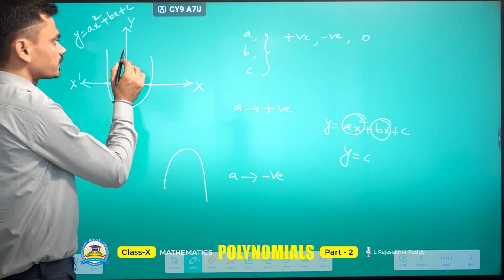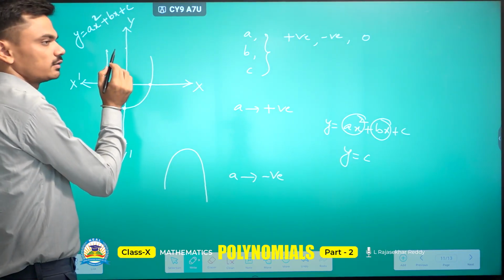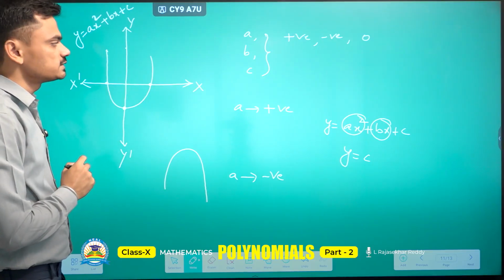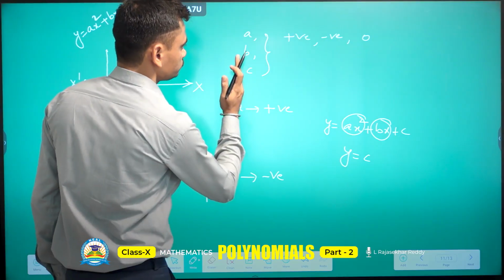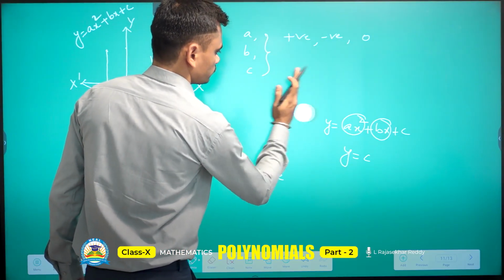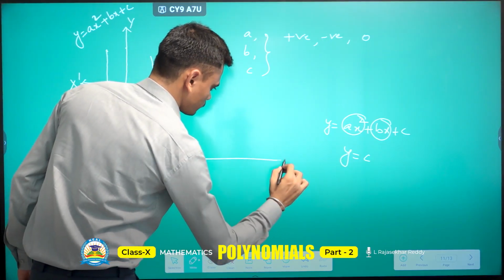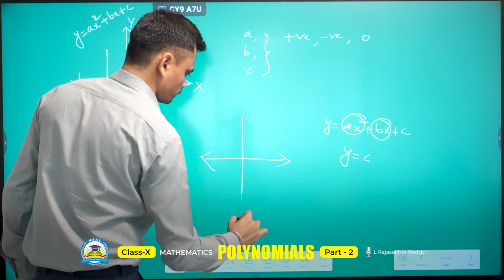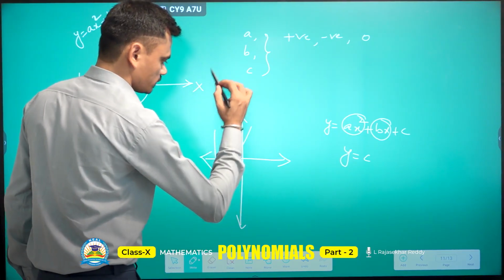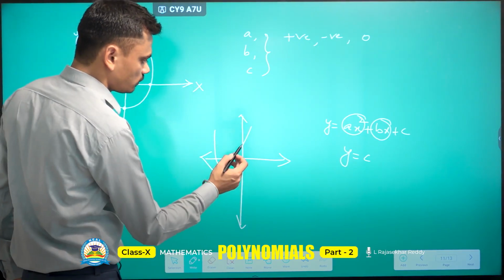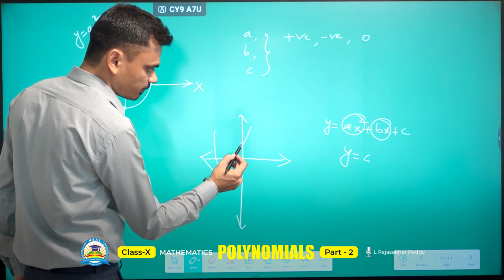Suppose this curve intersect the y-axis in the positive direction, then you can take y, c is positive. Say like this. In this curve, the parabola is intersecting the y-axis in positive direction.